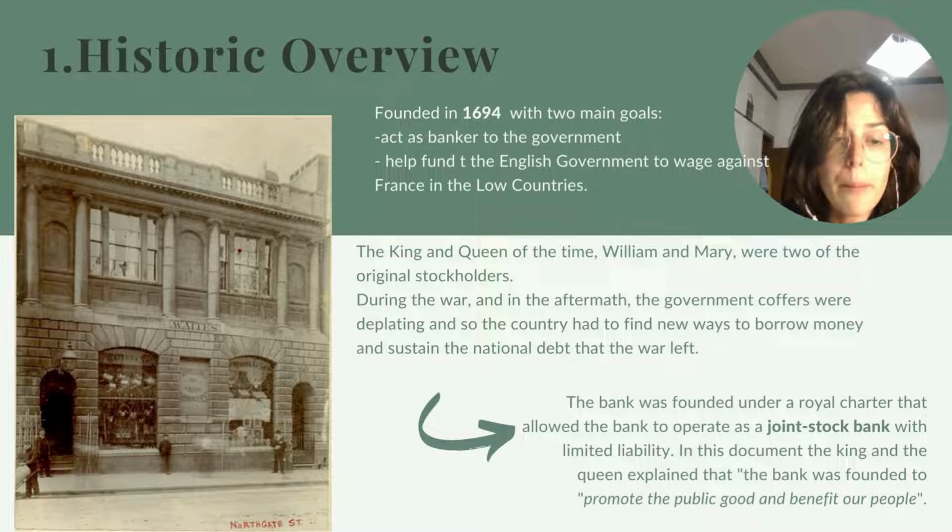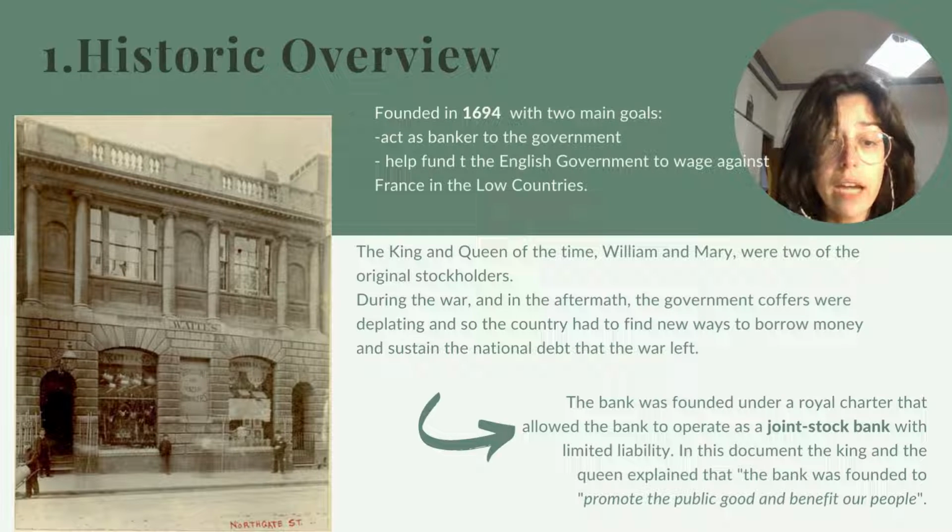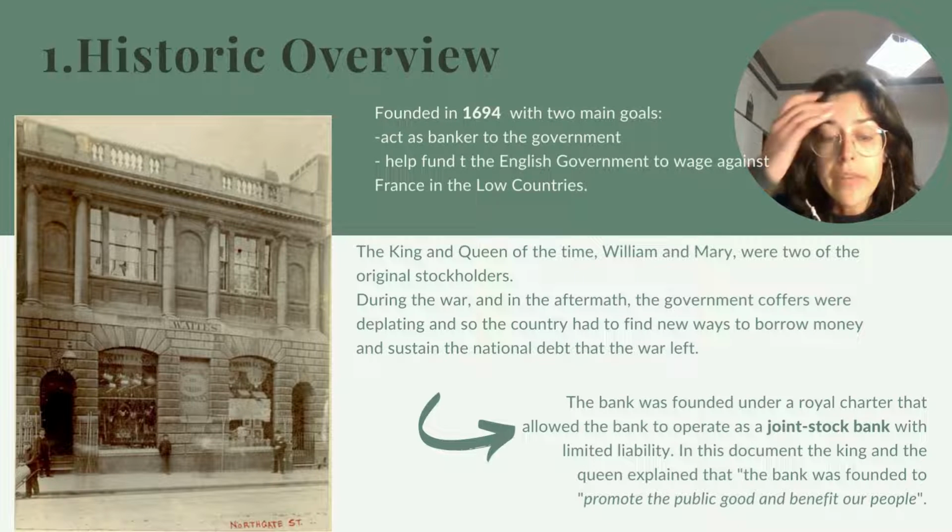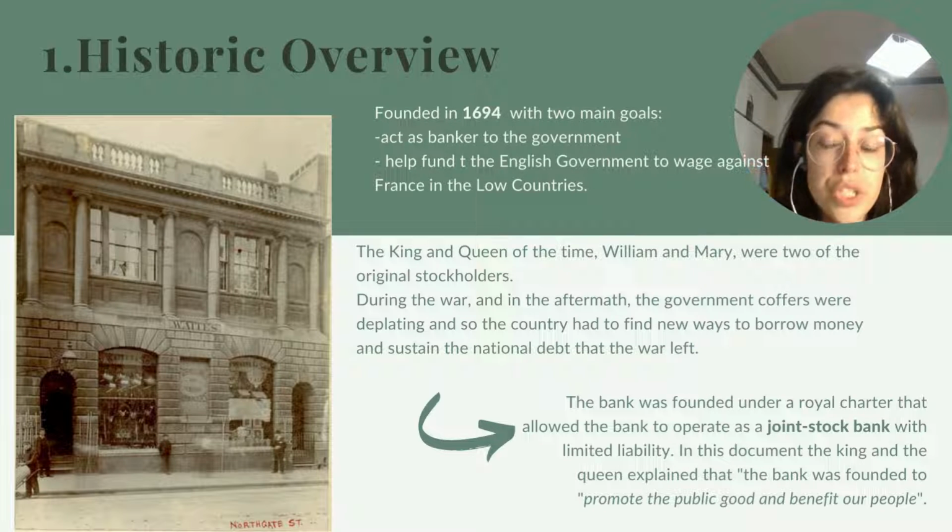So basically what happened was that the king and queen at the time, William and Mary, the two original stockholders of the bank, created a royal charter. This royal charter allowed the bank to operate as a joint stock bank, which basically meant that the bank was owned by its investors, and each investor owned a share based on the amount of stock they purchased.